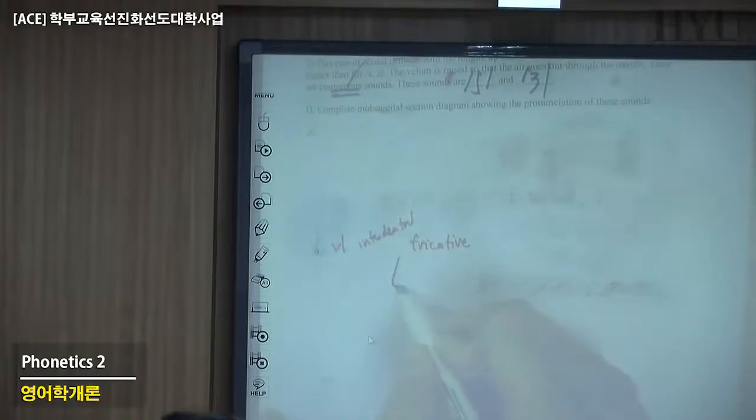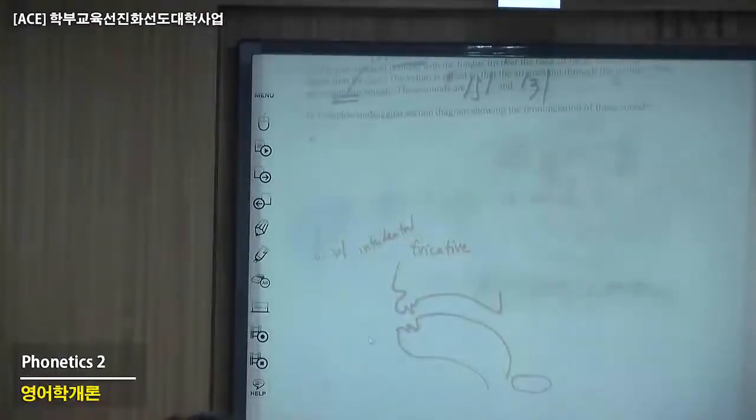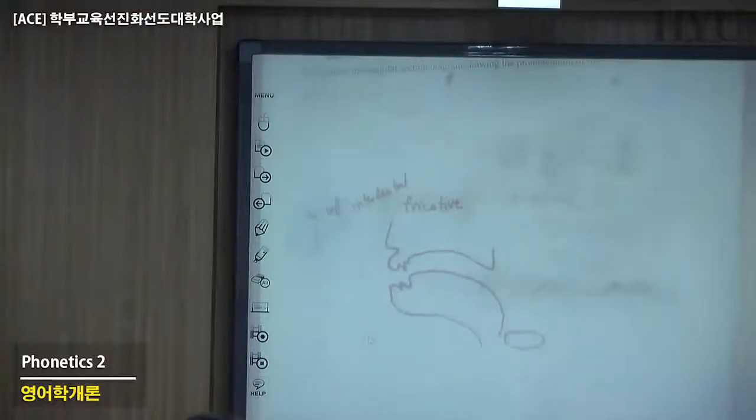So this is your nose, your lip, your teeth, and like that. And then your lower lip, your lower teeth, your tongue, like that. And this is going to be your vocal cords. So we use interdental, right?